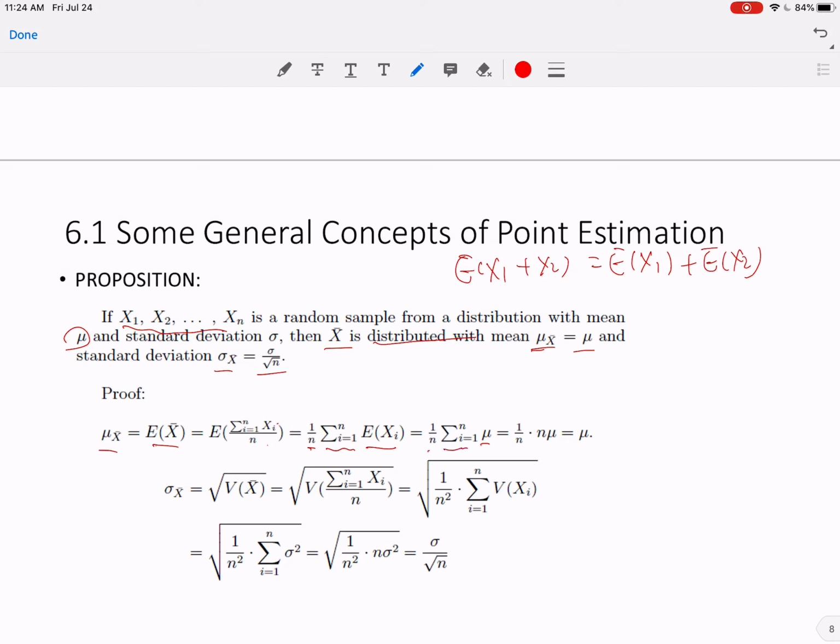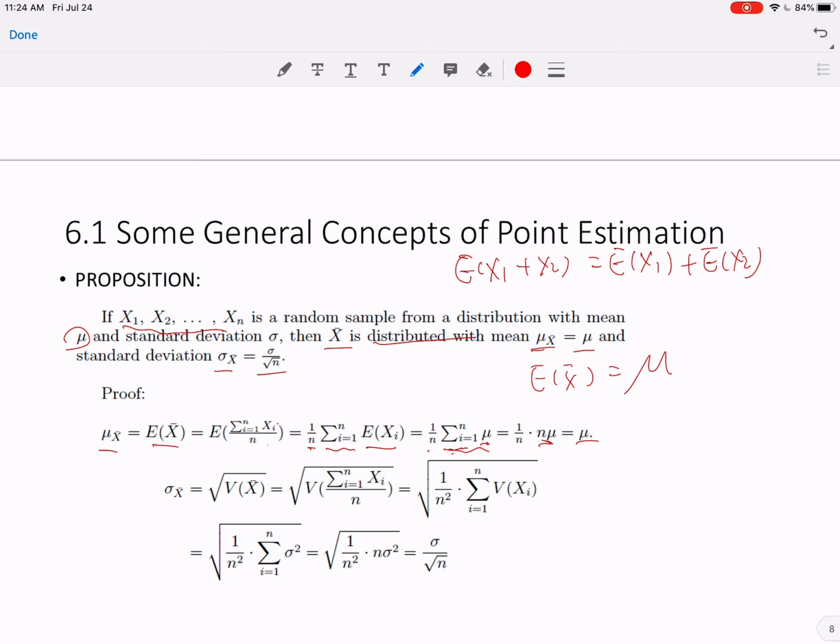Since mu is a constant and we are adding mu n times, we have n mu from this summation. And then 1 over n times n mu is equal to mu. Now we have that E of x bar is equal to the population mean. This proposition is very important because we're going to use it a lot in chapter 7 and chapter 8.